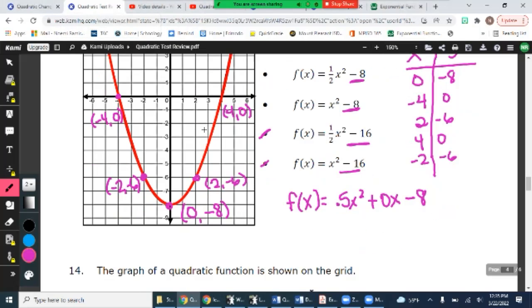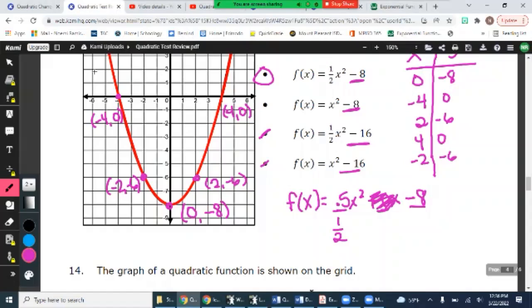We discussed this yesterday. Would you actually keep the 0x in your final answer? No, I just use that as a placeholder. But 0.5 is also what? 1/2. So your answer is A.